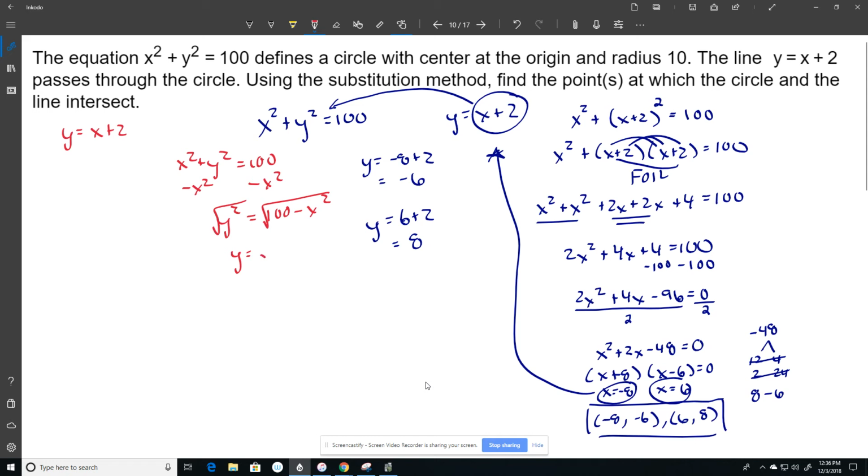So y equals the square root of 100 minus x squared. But remember, when we square root something, there's a positive and a negative answer. So y also equals negative square root of 100 minus x squared. So I don't just have 2 y equations, I have 3 y equations.